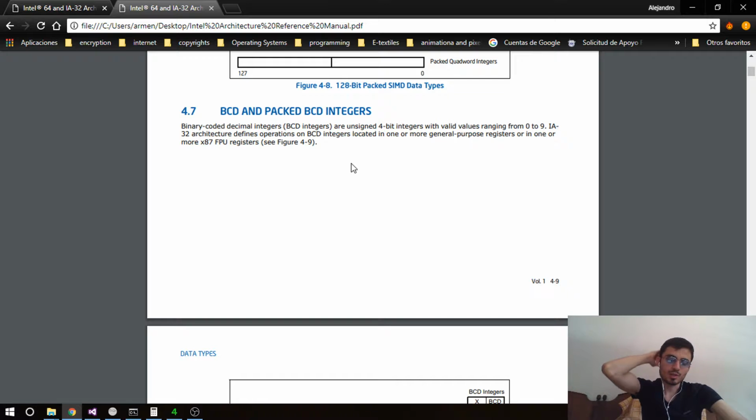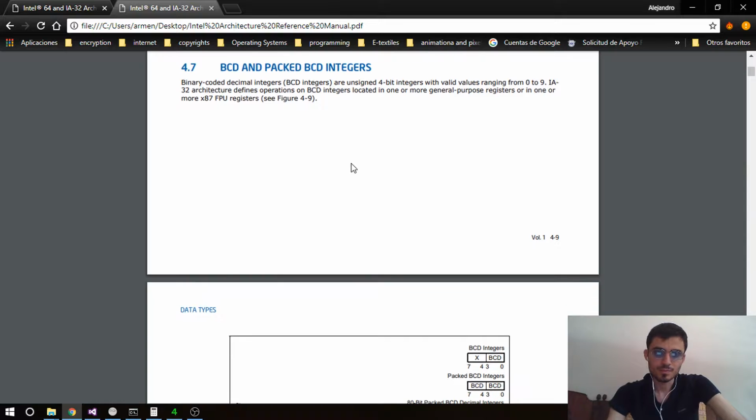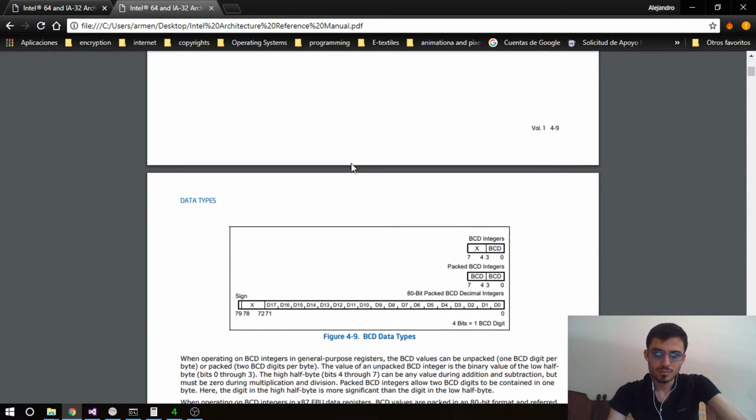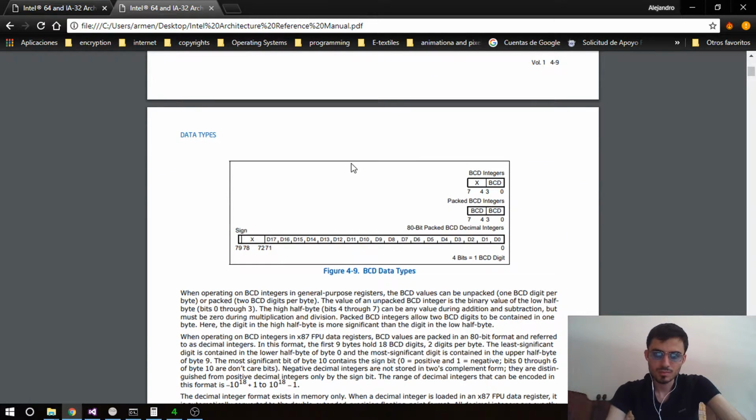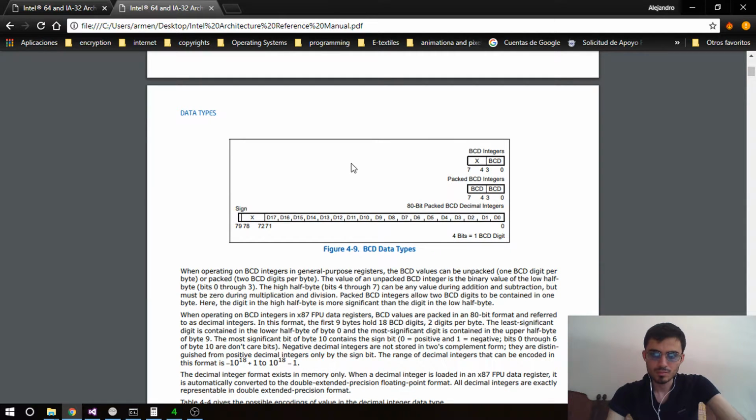So if you want to operate on BCD integers, you have to do it on general purpose registers or on the x87 FPU registers.